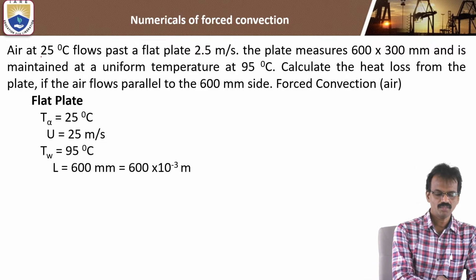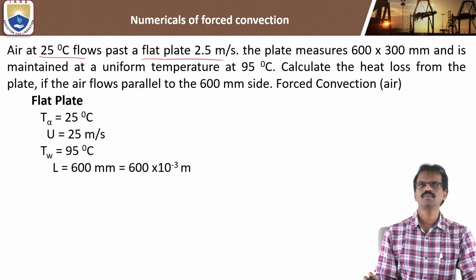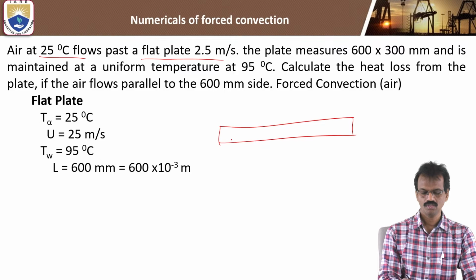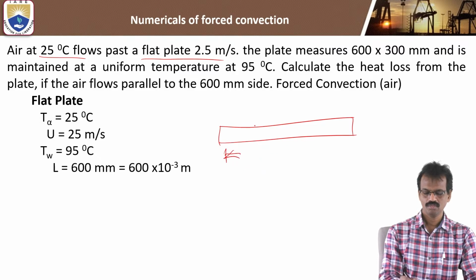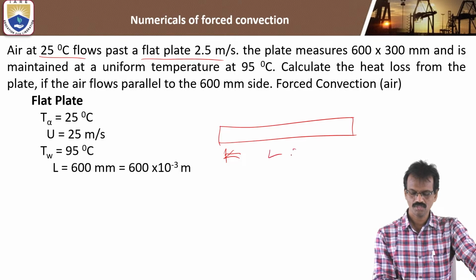Air at 25 degrees Celsius flows past a flat plate. This is the flat plate, and the length is also given. The length is 600 and the width is 300.